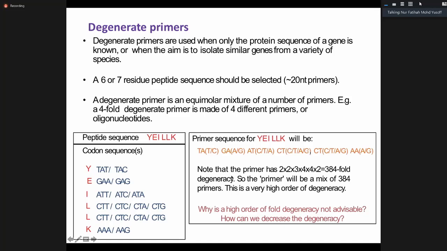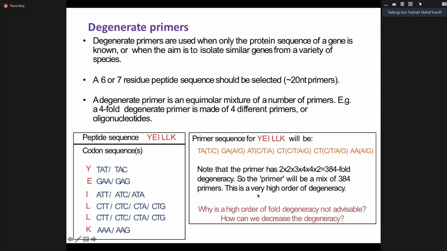So the fold degeneracy will be 2 times 2 times 3 times 4 times 4 times 2. This is because there are 2 options here, 2 options here, 3 options here, 4 options here, 4 options here, and 2 options here. The options are multiplied together. In this case, you will get 384 fold degeneracy.